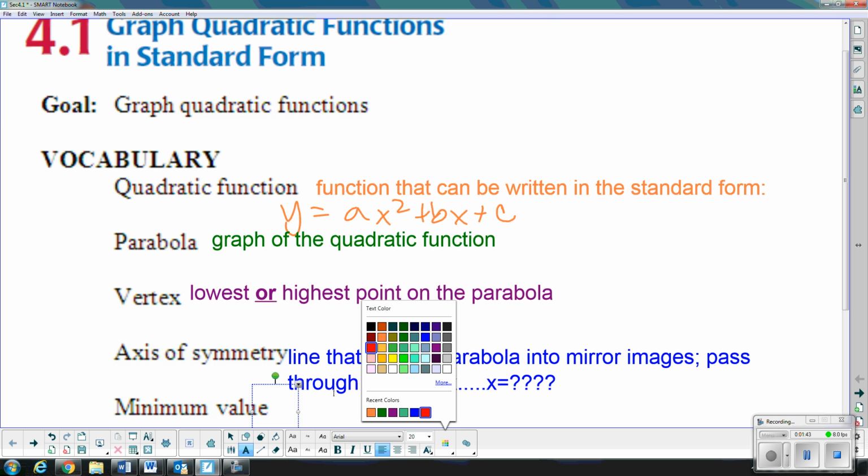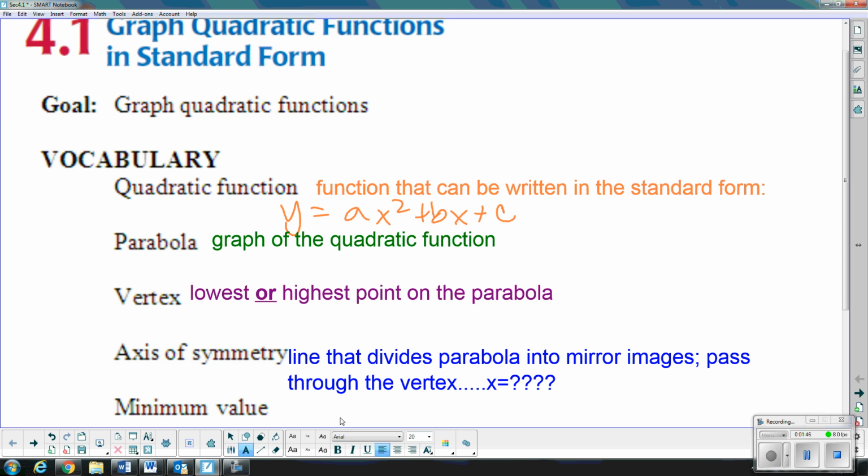All right, then our minimum value, and that's for this equation here.